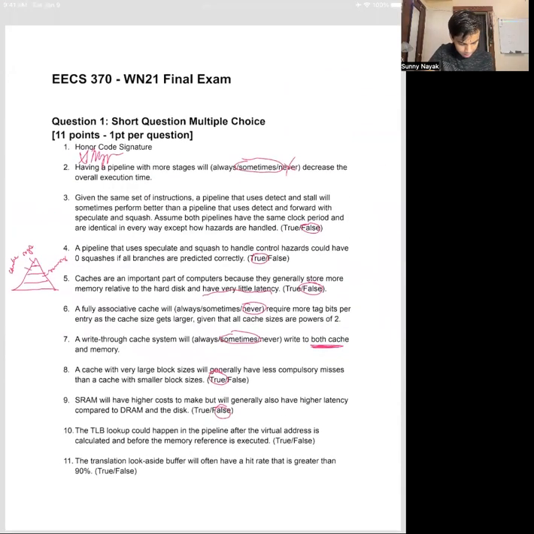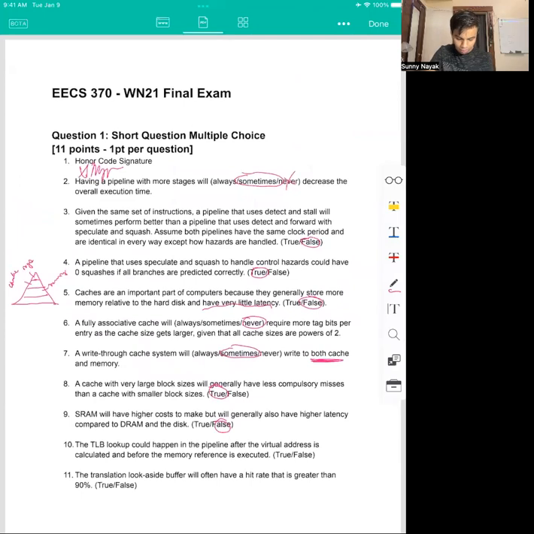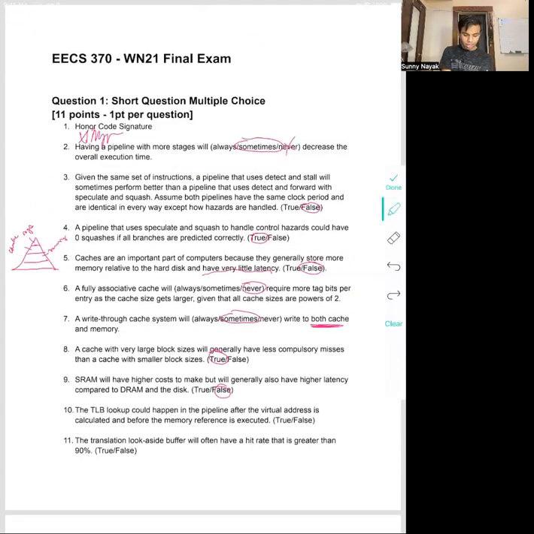So then number 10 says the TLB lookup could happen in the pipeline after the virtual address is calculated and before the memory reference is executed. Just to clarify some of the wording here, the TLB, remember, is a cache that allows us to more quickly translate a virtual address into a physical address. So with regards to the virtual address being calculated, this most definitely would happen before the TLB lookup occurs, because I want my virtual address before I translate.